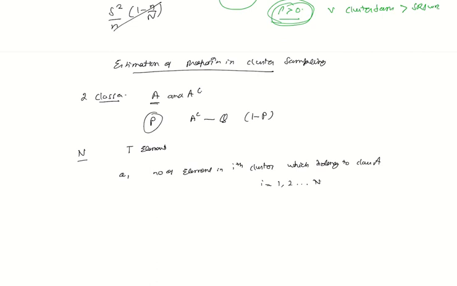The proportion of elements belonging to class A in the ith cluster, the small pi, is going to be ai divided by T, where T is the number of elements in each cluster.